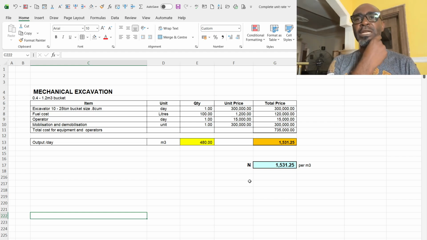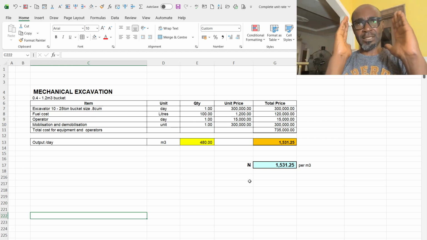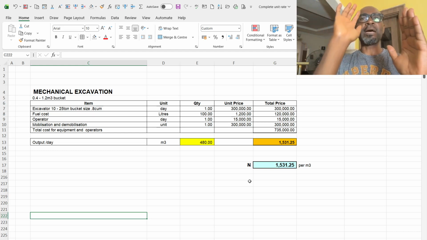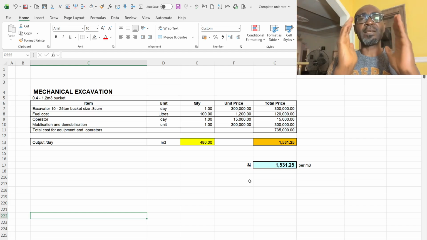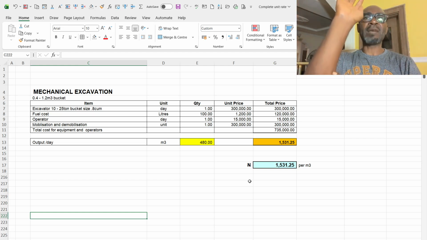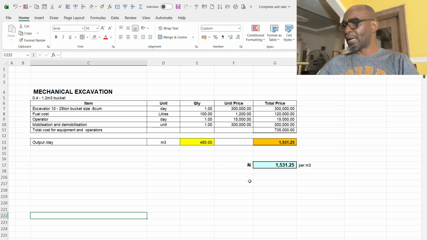Another thing we need to consider is the cycle time. What do I mean by cycle time? Say the excavator is facing this direction, and the pit he needs to excavate is in front of it, and the operator digs and drops the excavated soil on the side.